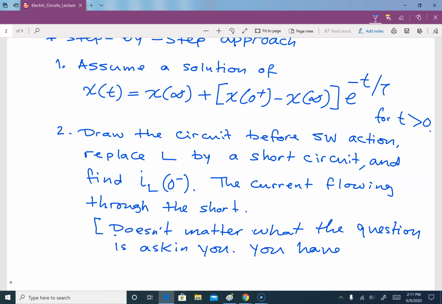You have to find the current in the shorted L.